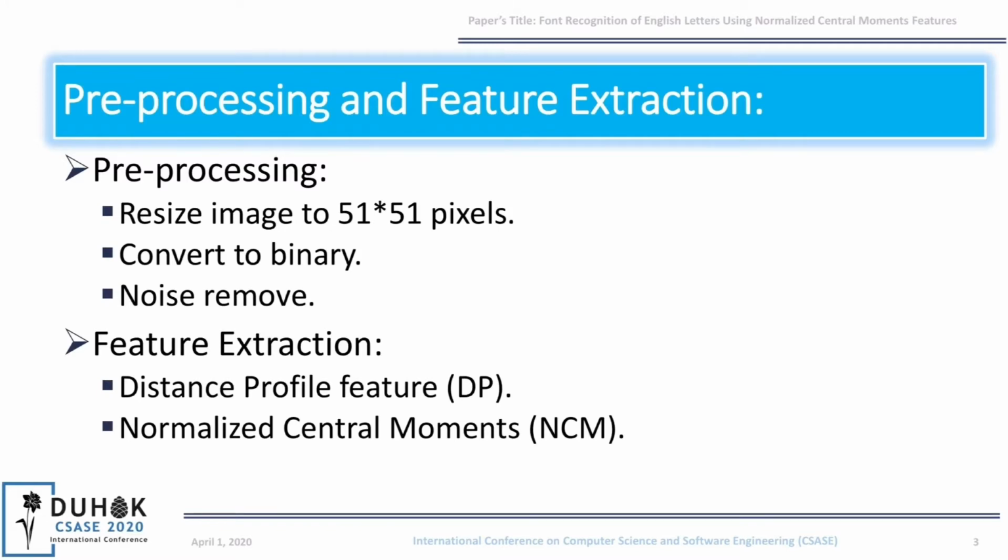Then noise has been removed by a median filter of size 5 by 5. After that, two kinds of feature extraction algorithms have been applied separately: distance profile feature and normalized central moment. Each kind of feature has been saved in a comma-separated values file, a CSV file.